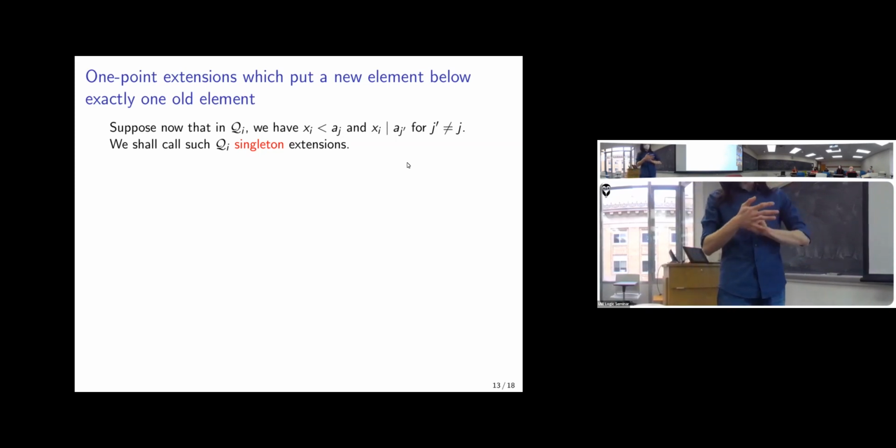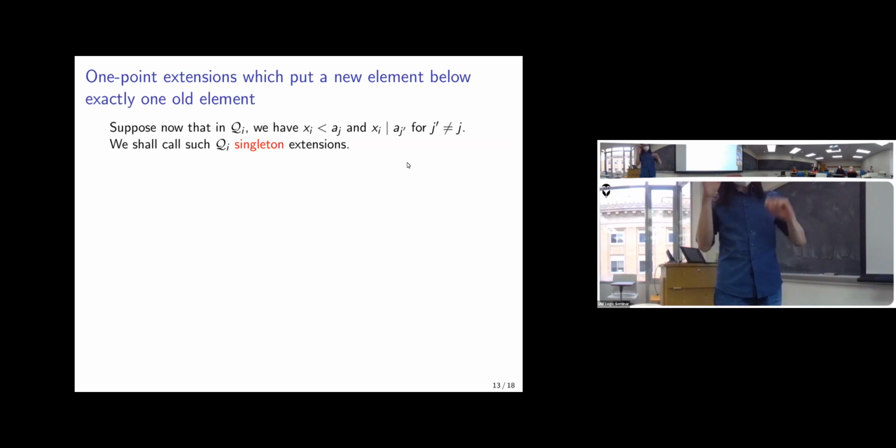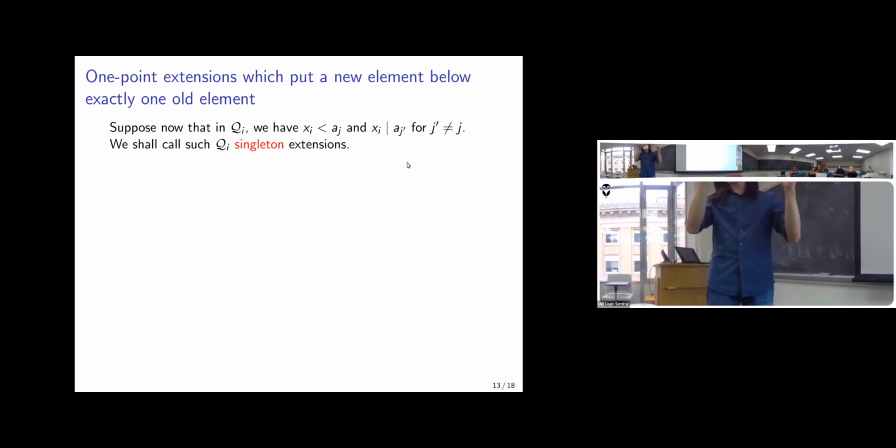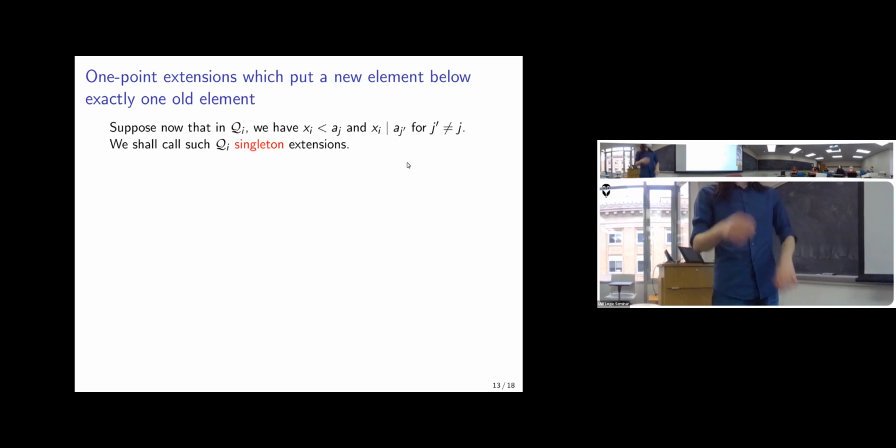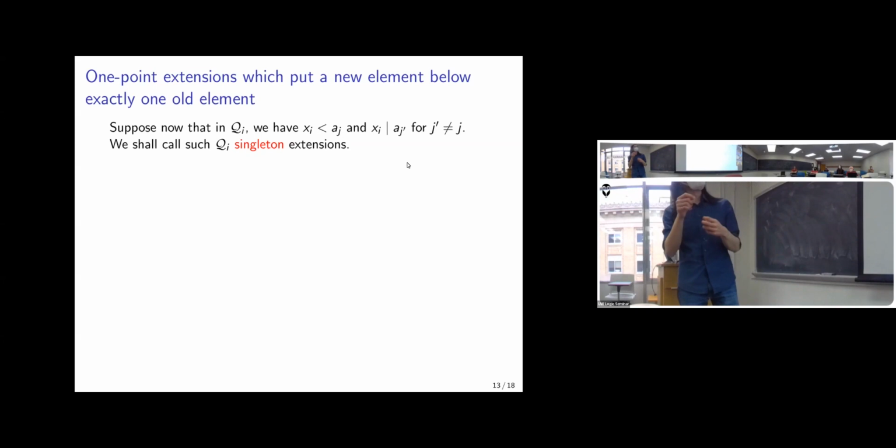Suppose that in Qi, we have xi below aj, and xi is not below any of the other aj prime. So it's below aj, and not below any of the others. Such Qi, we call singleton extensions. They play an important role in our analysis because, let's see what happens here.